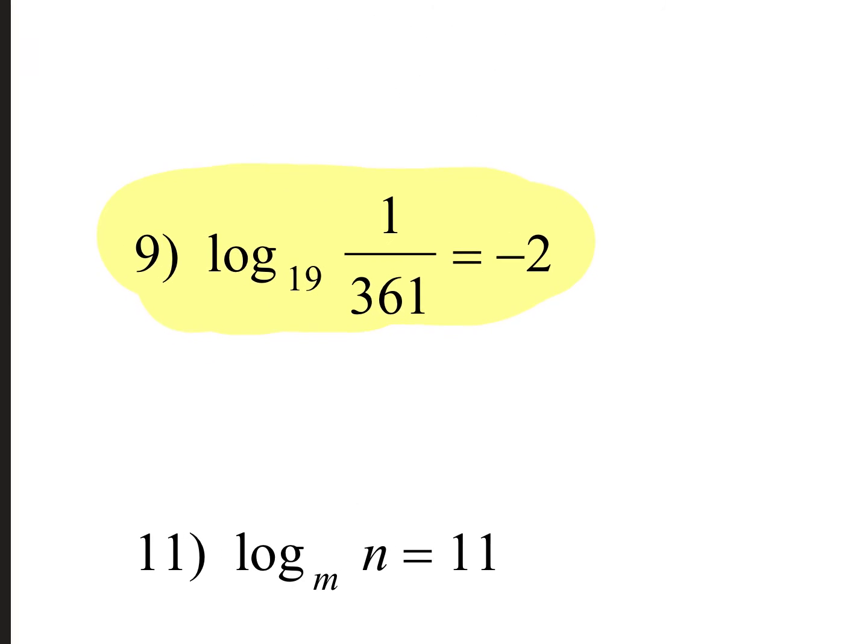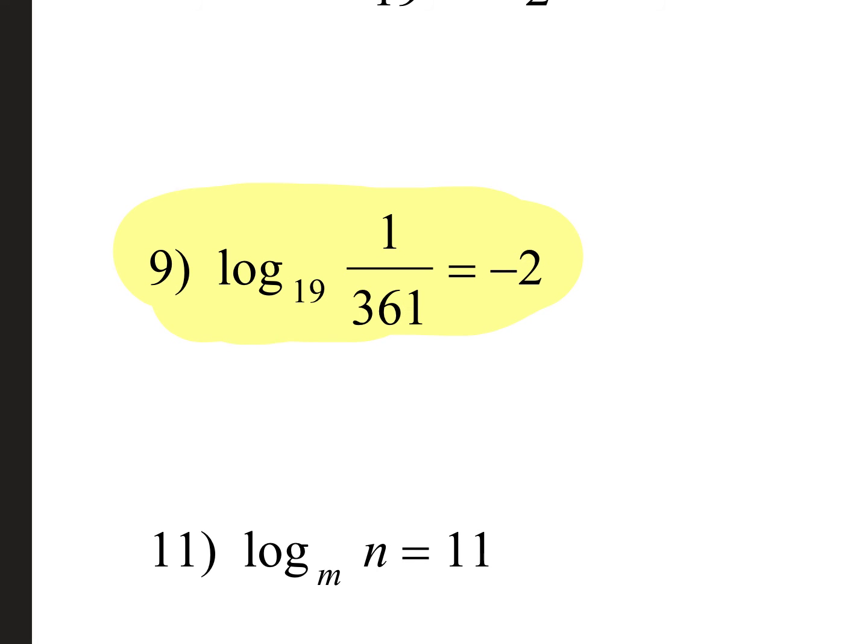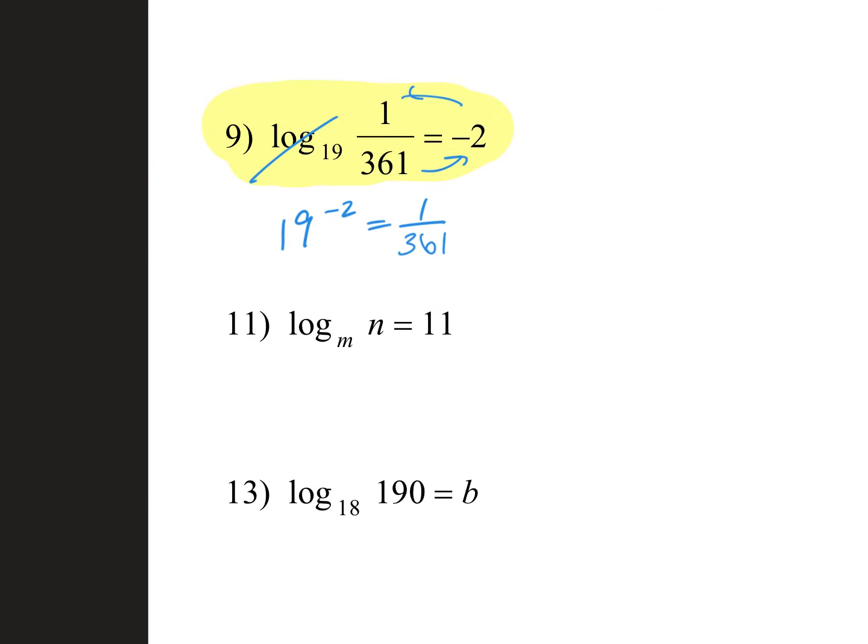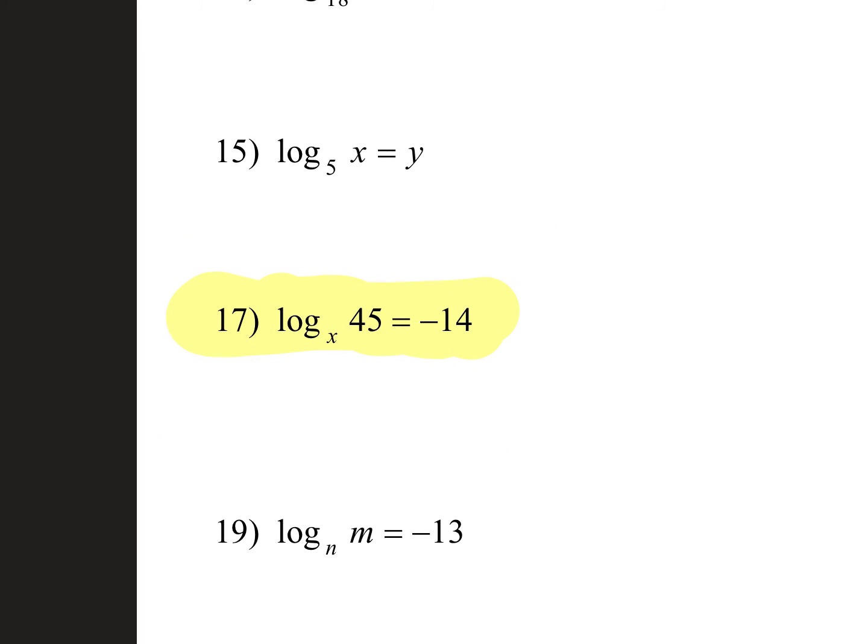What about here? How do I rewrite this? Big 19 to the negative 2 equals 1 over 361. These two switch spots. 17. Rewrite it. What becomes my big base? X. Good. And then what happens here? Negative 14 equals 45. Good.